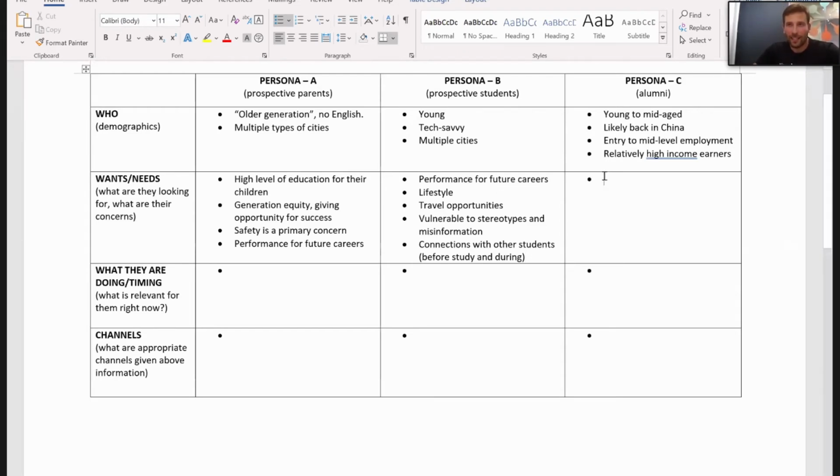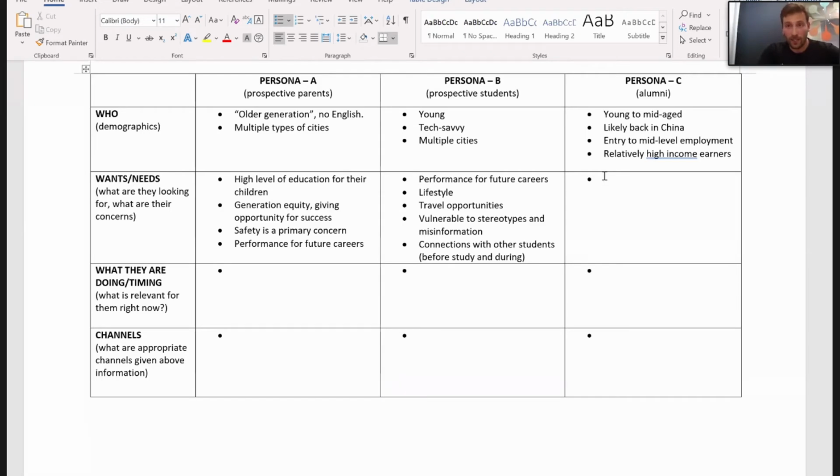So again, I guess the wheel should be turning here and thinking, okay, what kind of content is actually going to resonate with these guys then, as opposed to the parents? But then we get to the alumni, a completely different audience here in terms of their wants and needs. Typically, they've already studied, they've already taken these steps, they've already had the adventure.